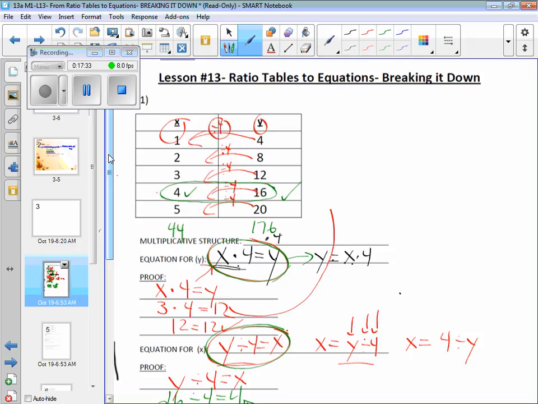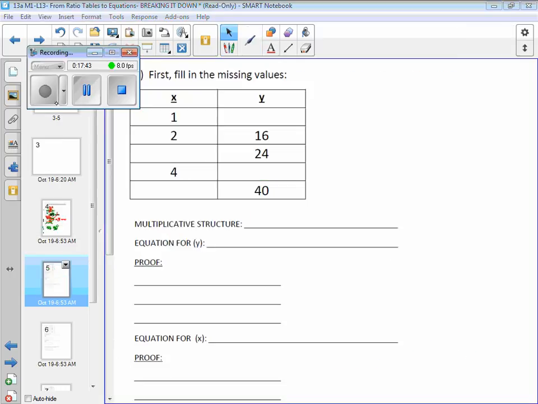Up the page, and the only difference between number 2 and number 1 is you have to find the missing values in the chart. Start with that. You'll notice there's only one row where they give me both values for the ratio. What are those two numbers?